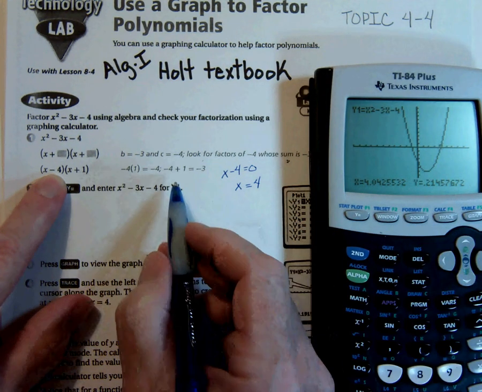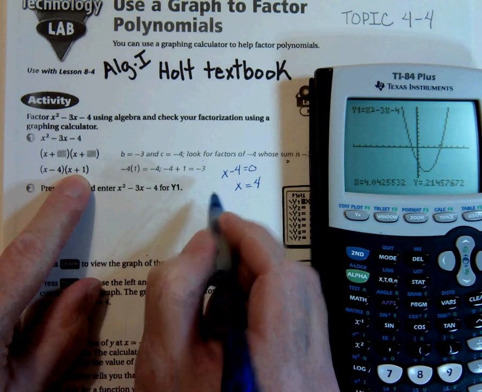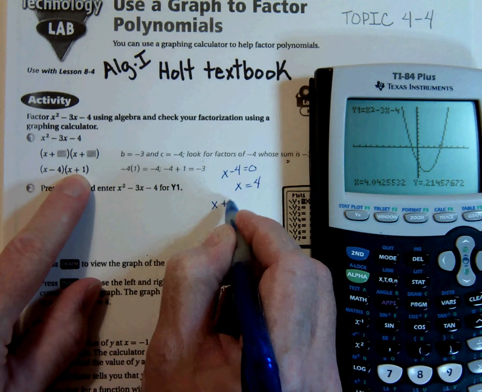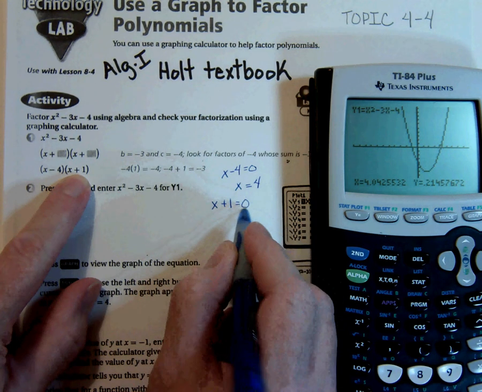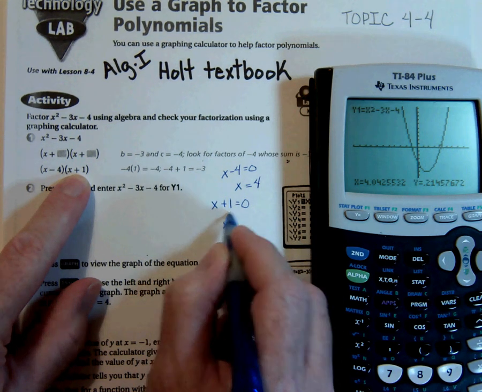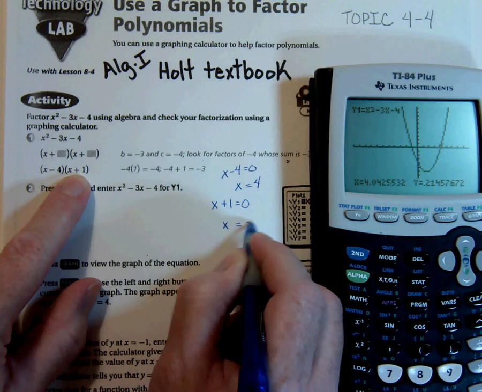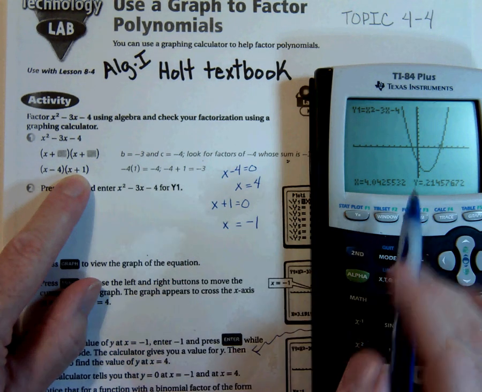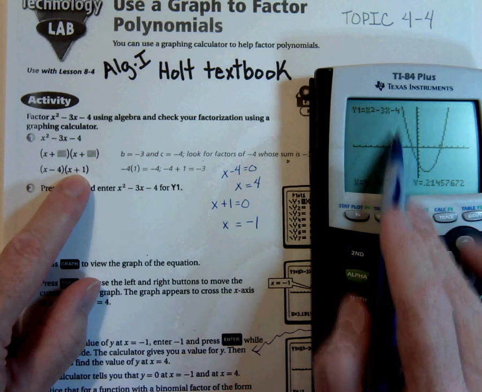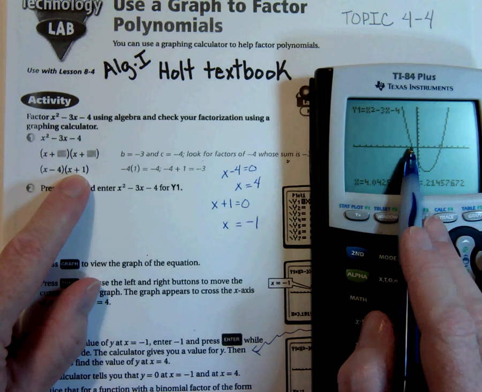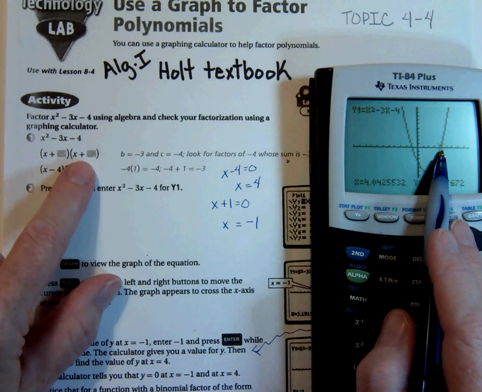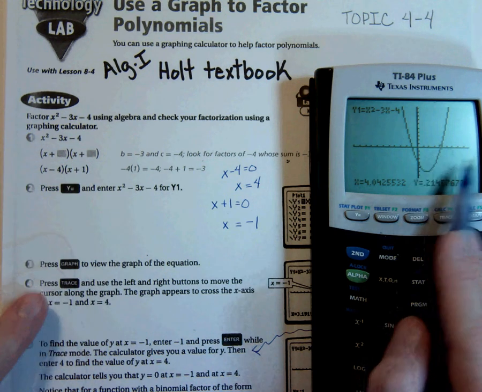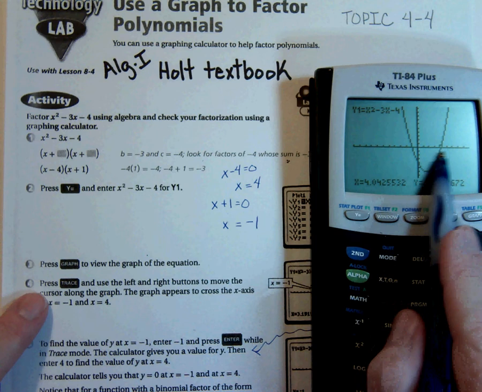Likewise, you take this binomial, x plus 1 equal to 0. You're setting both of them equal to 0. When you solve this, you're subtracting 1 on both sides, so that's where you get your solution of negative 1. So when you're doing it by looking at the graph, you're always finding the opposite to put into the binomial form.